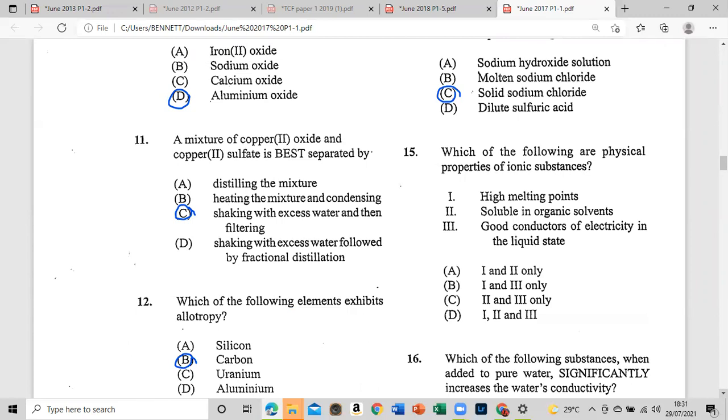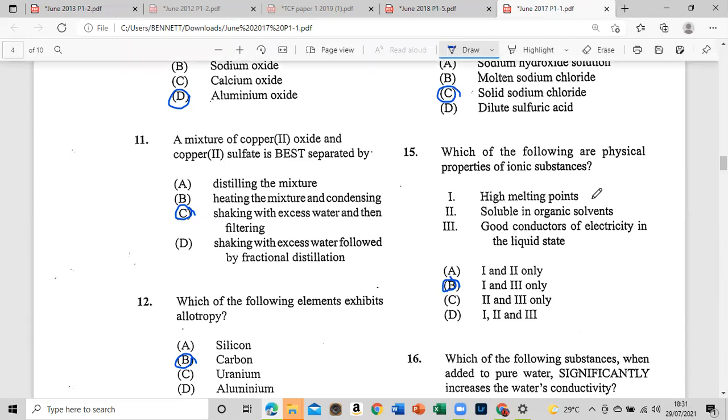Is it high melting point, soluble in organic solvent, or is it good conductor of electricity in liquid state? So it is 1 and 2. High melting point and soluble in organic solvents. So it is B. So 15 is B. 1 and 3. I think I said it wrong, but it's B. 1 and 3. Good conductors of electricity and high melting points.